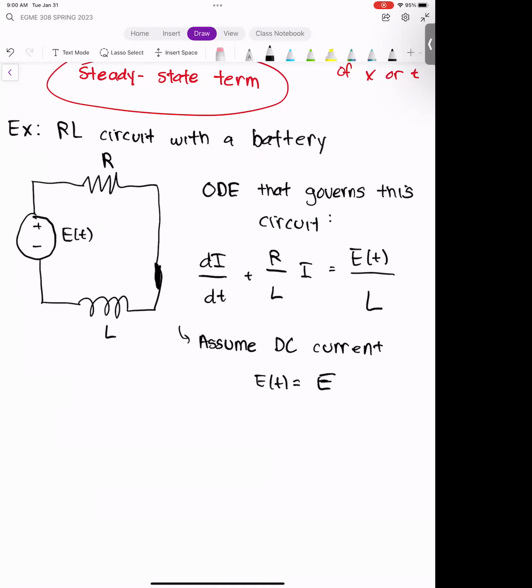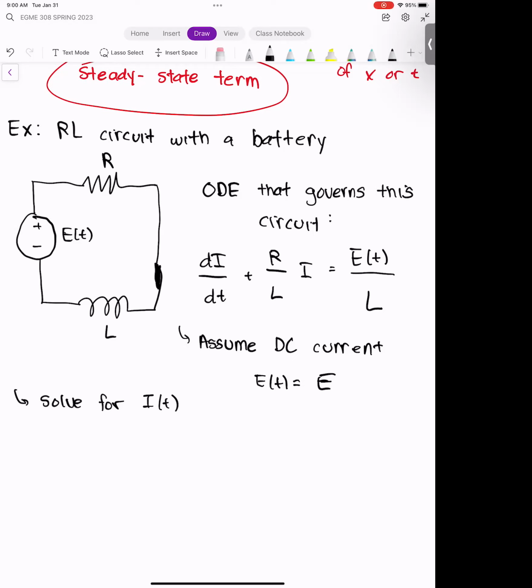And so now that we're given this differential equation, we want to solve for the solution I of t. All right, so here's our setup. We have a circuit, we have a differential equation, and we're looking to solve for it.